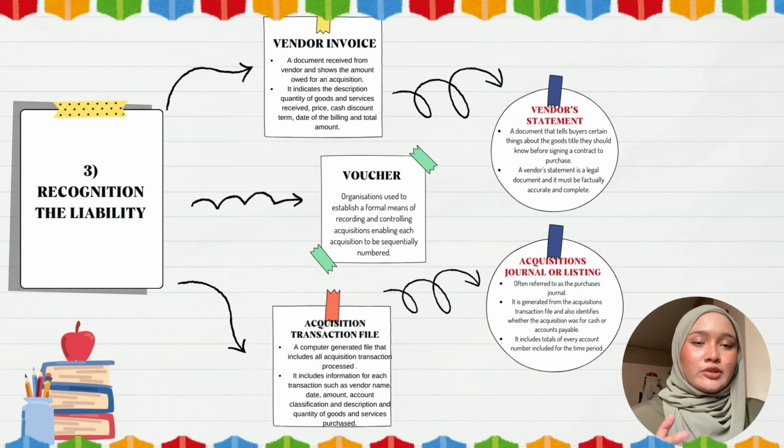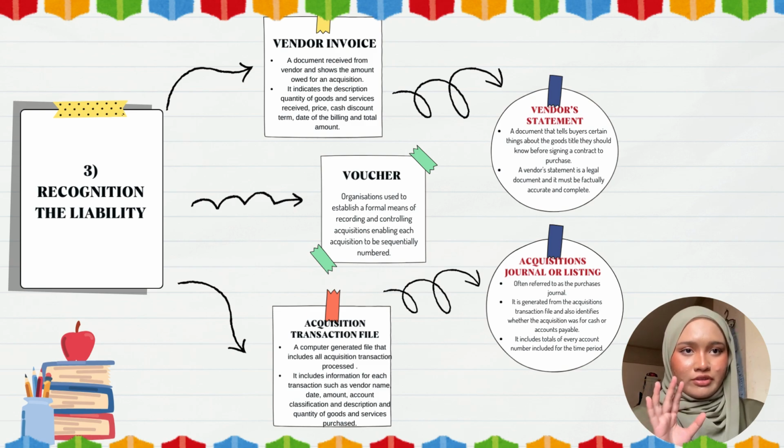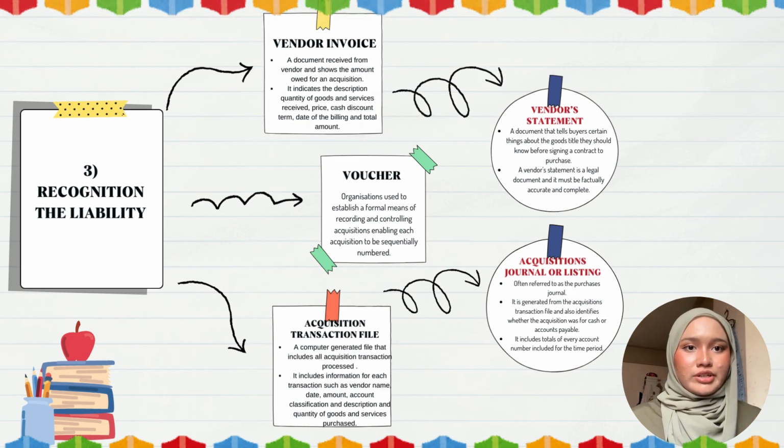And then we have acquisition journal or listing. It is often referred to as the purchase journal. It is generated from the acquisition transaction file and also identifies whether the acquisition was for cash or accounts payable. It includes the total of every account number included for the time period.